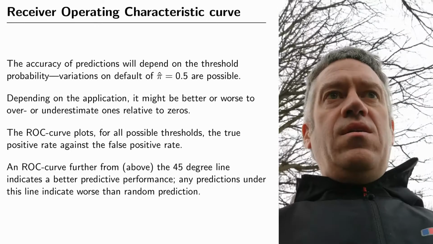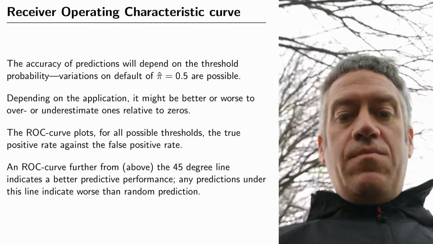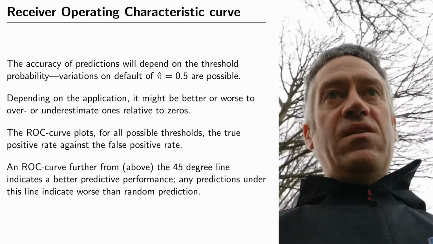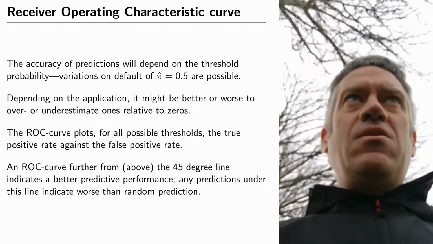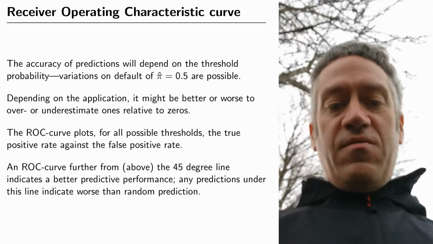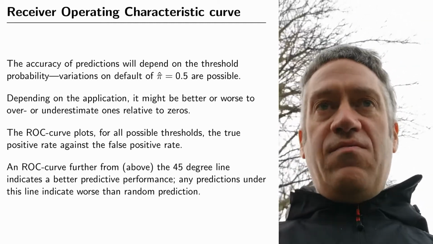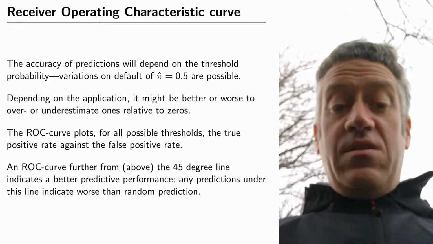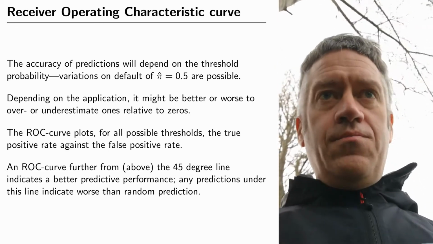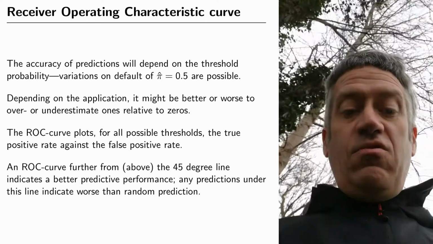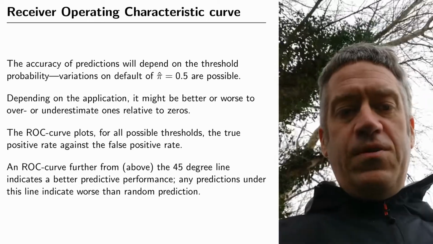If I want to look at loans and I'm worried about customers defaulting, maybe I don't want to refuse at 0.5, maybe I want to take a little bit more risk and only refuse them if it really gets to 0.7 or 0.8. So when we look at the specificity, precision and so forth, the numbers are going to change if we change the threshold value. So how do we now know what is a good predictor?